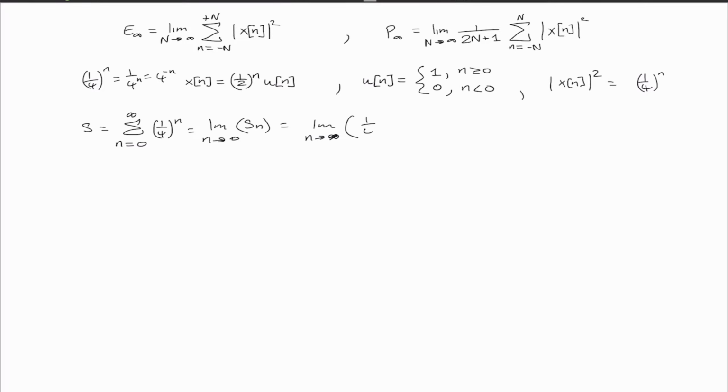So in this case, we see that 4 to the power 0 is 1. We're going to call that b, plus 1/4, going on to 1/4 to the power n.